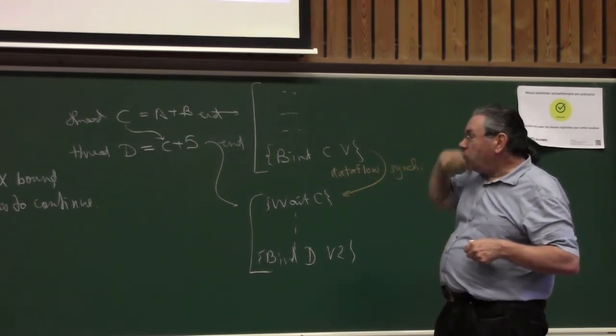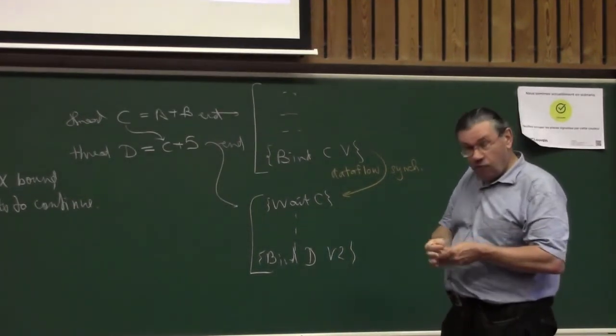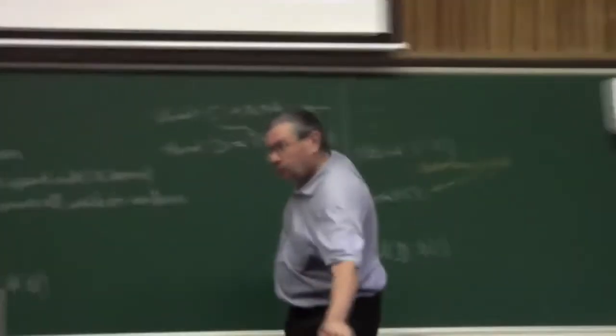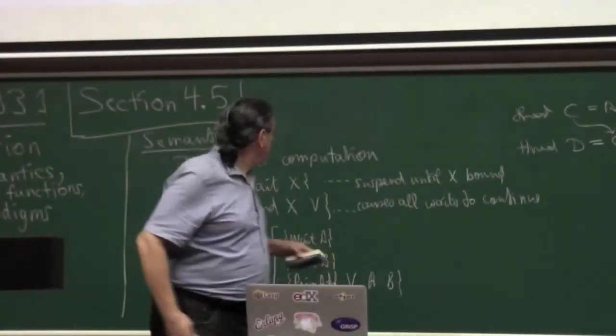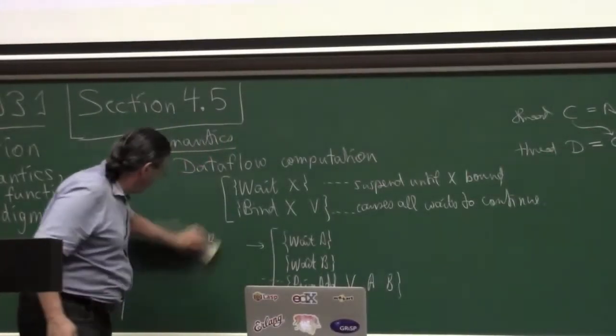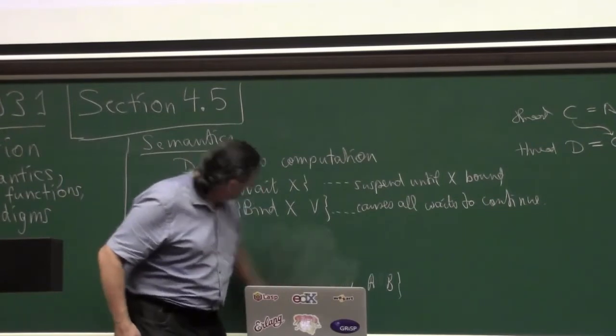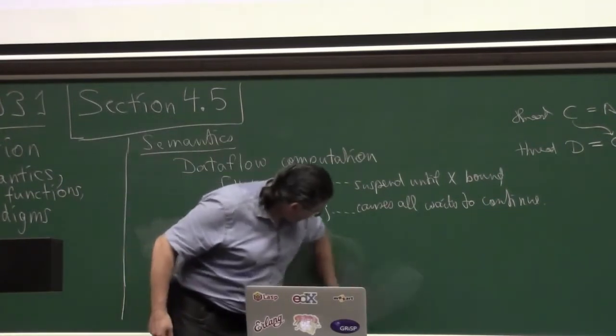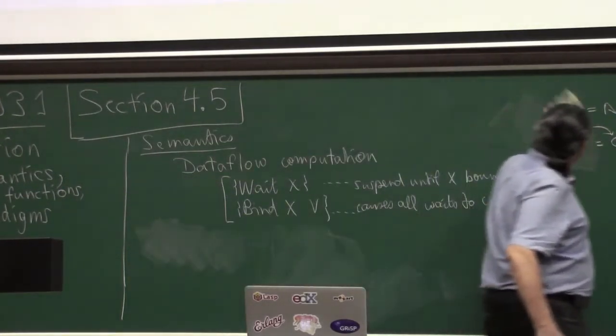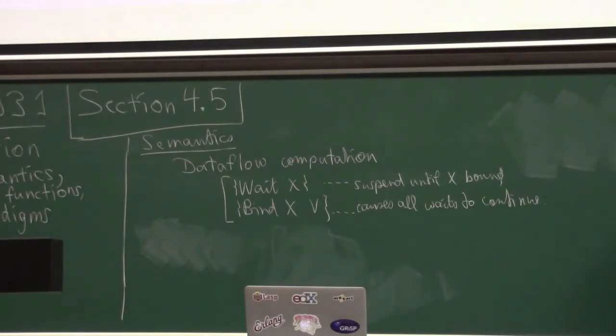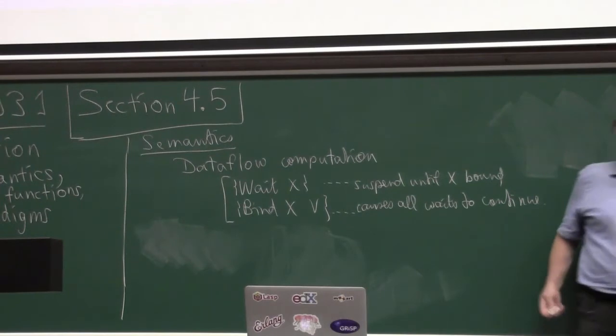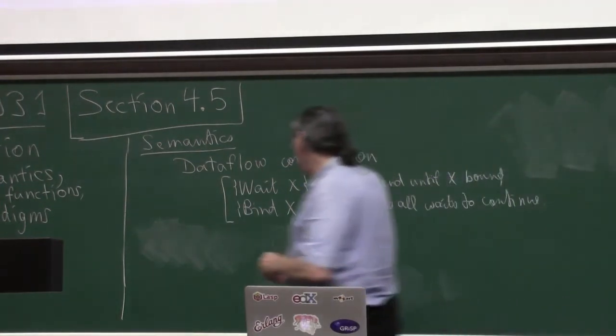But now I will extend the semantics for lazy execution. Okay, so let me remove the example. I'll keep the wait and the bind. So we will make an extension, or a small extension to this, that will allow laziness.